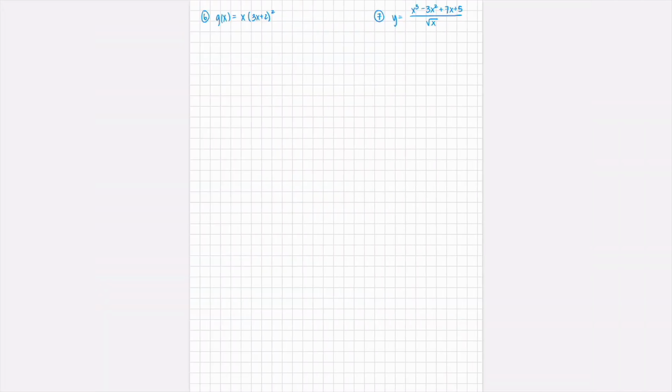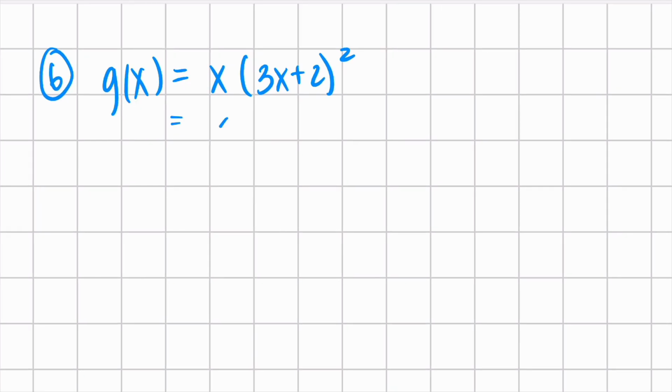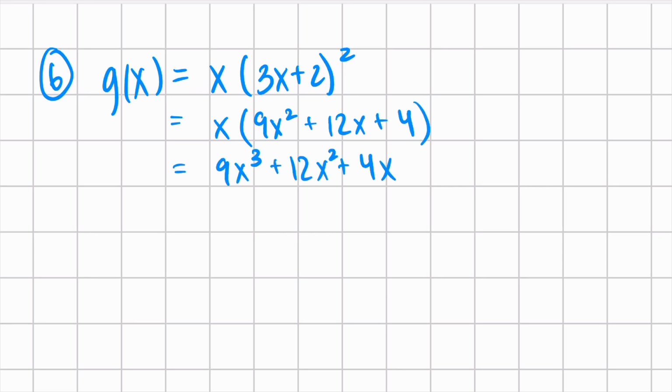I have a couple more examples. I'm going to multiply 3x plus 2 squared first. So this problem would be a great problem to use the product rule on, but this video assumes that we don't know the product rule. So we multiplied all this out, and we are going to use the power rule.